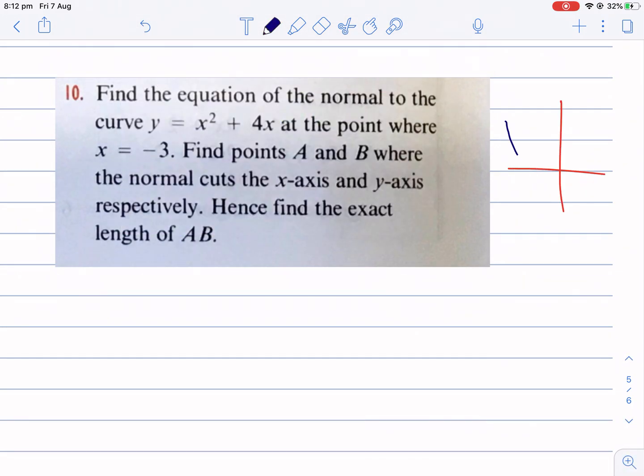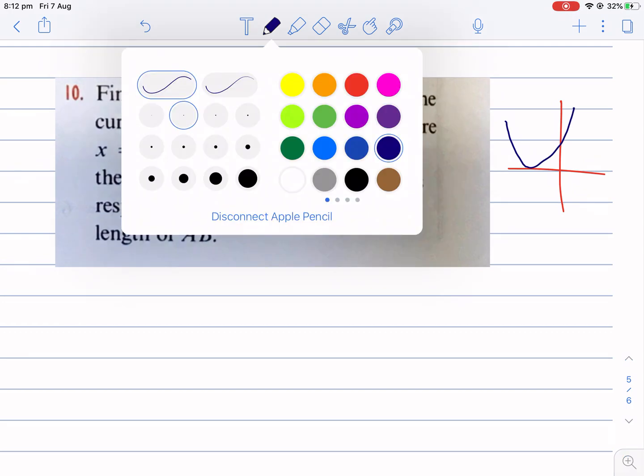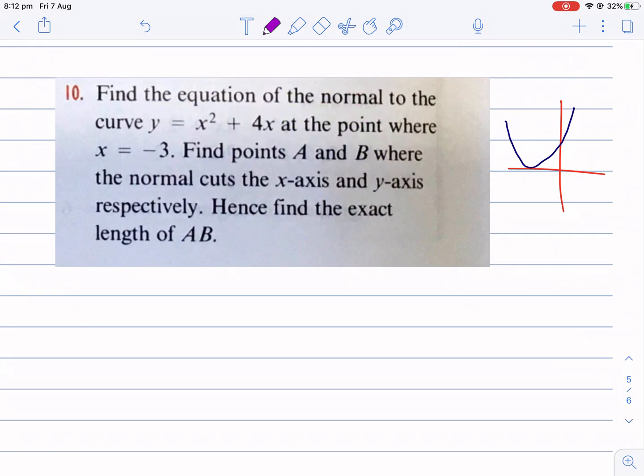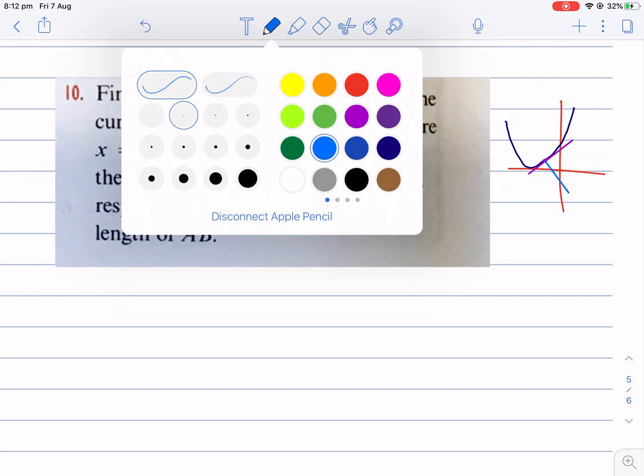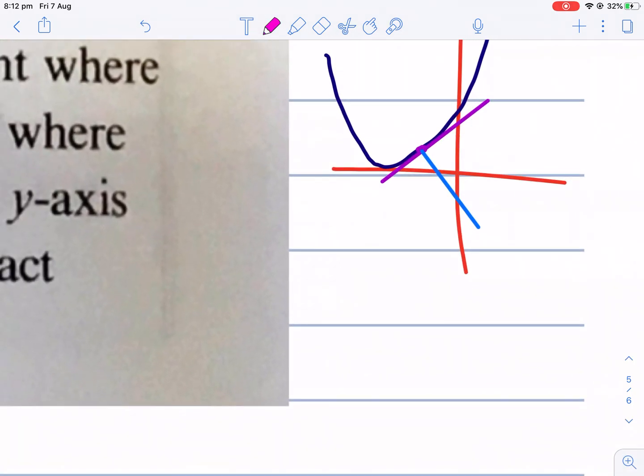Looks like this. And at x equals minus 3, we would have a tangent to this curve there. But I'm more interested in the normal, and we're trying to find the distance between this point and this point. So that distance there.